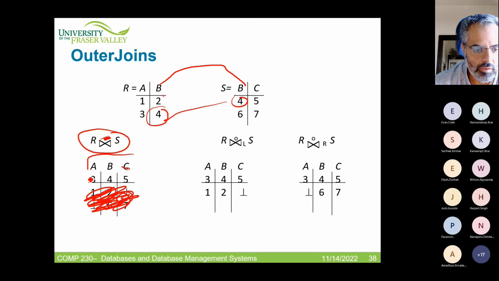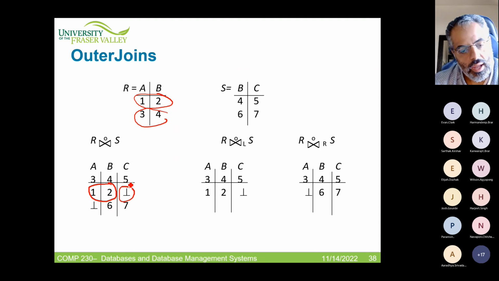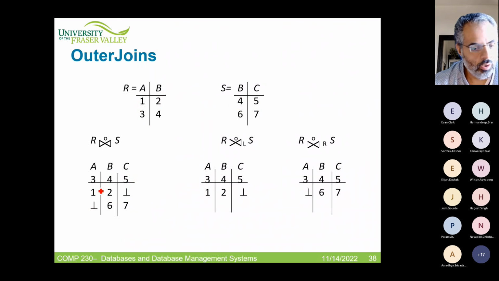So this will be the output of R natural join S. But with a full outer join, we consider 3, 4, but we lost 1, 2 in the R part. So we are going to add 1, 2 and put a null value as the value from C. And then we go to S, and we consider 4, 5, but we lost 6, 7. So we put 6, 7, and we put a null value here. In this case, we don't lose any data from both sides.